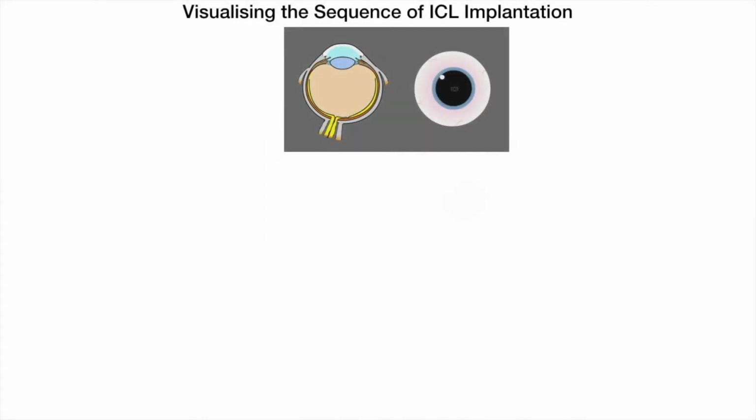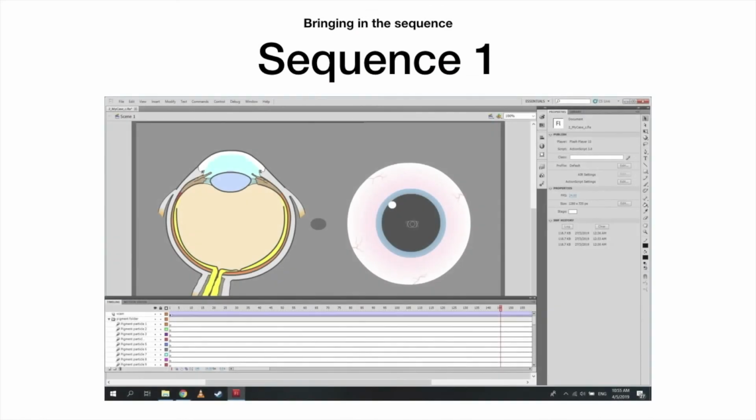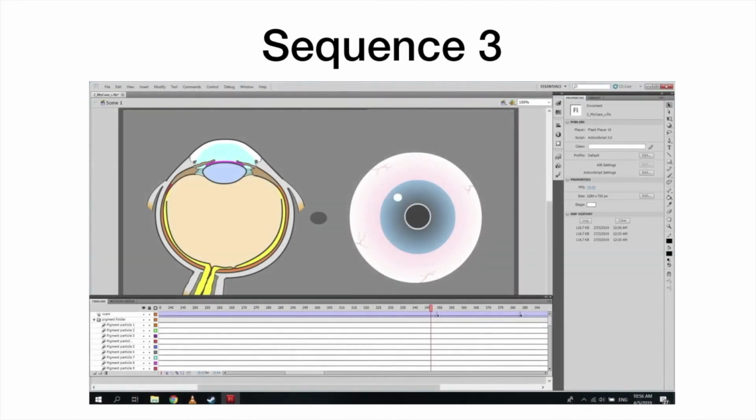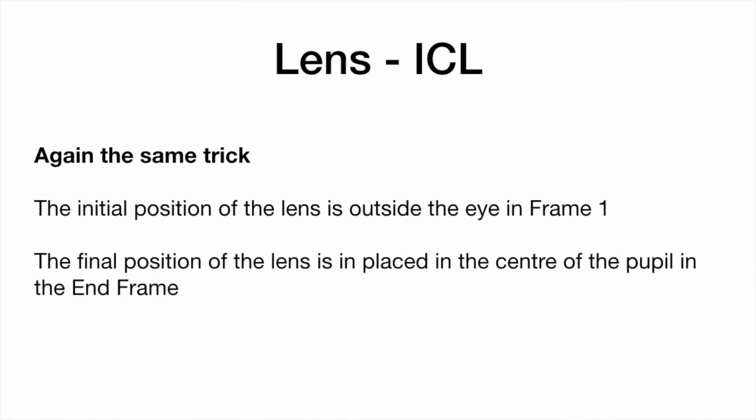Next step is visualizing the sequence of ICL implantation, where the ICL is implanted behind the pupil and the pupil is then made to constrict. In the ICL implantation moving image, the same trick is applied to get the image moving like in the previous animation.